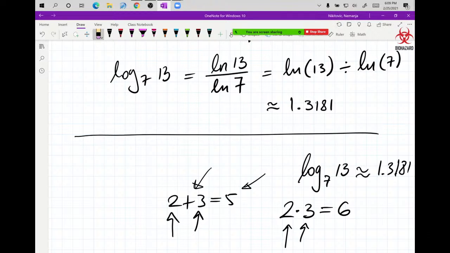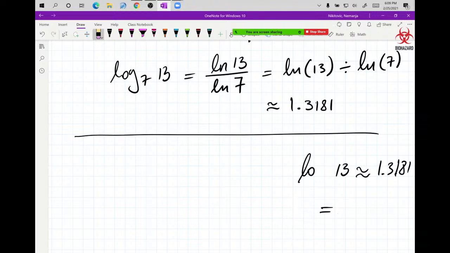So now we understand that log is just another operation and it fits this narrative of opposite operations, just like addition and subtraction are opposites of each other, and multiplication and division.